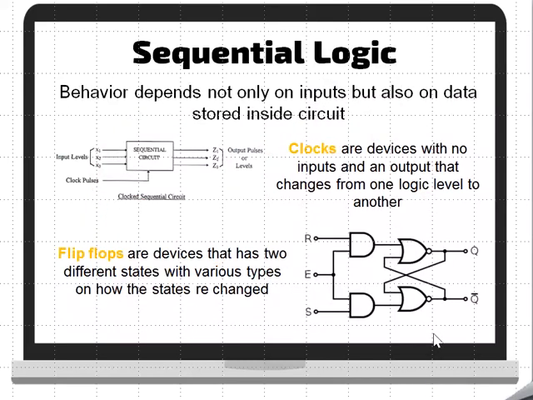Another type of logic is sequential logic. This is when the behavior depends not only on inputs but also on data stored inside the circuit. We have different types of sequential logic circuits, such as clocks, which are devices with no inputs and an output that changes from one logic level to another. Flip-flops are devices that have two different states, with various types on how the states are changed.